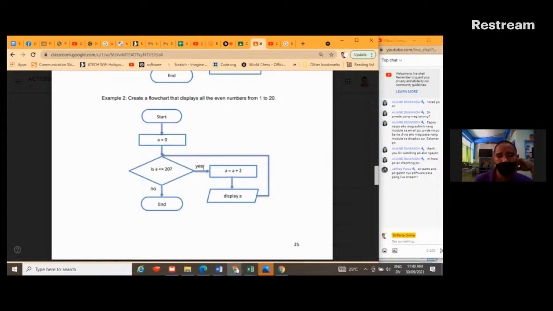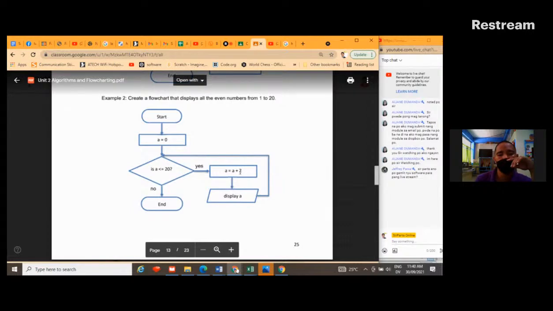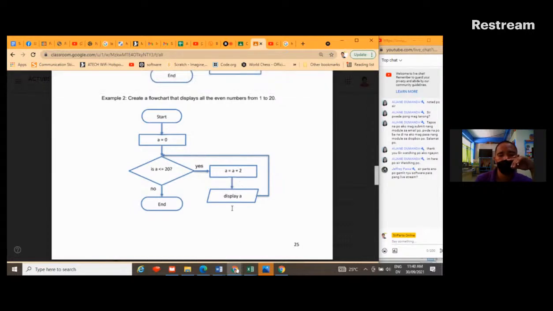You have here that's less than. So it goes here. So 18 plus 2, that is 20. So you display 20, and it goes here. Is 20 less than or equal to 20?